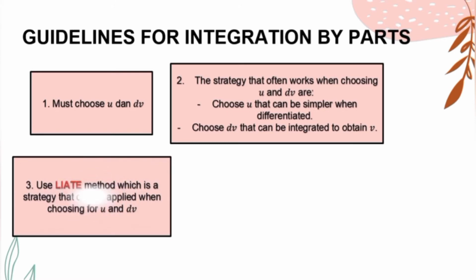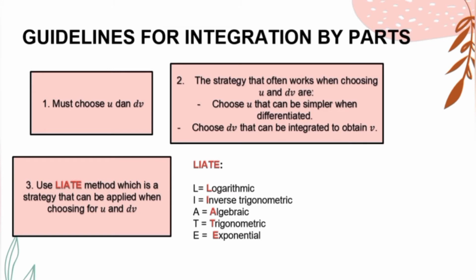According to that strategy, we can use the LIATE method, which is a strategy that can be applied when choosing u and dv. So, what is the LIATE method? Let me introduce it to you. LIATE is an acronym: L stands for logarithmic, I for inverse trigonometric, A for algebraic, T for trigonometric, and E for exponential.